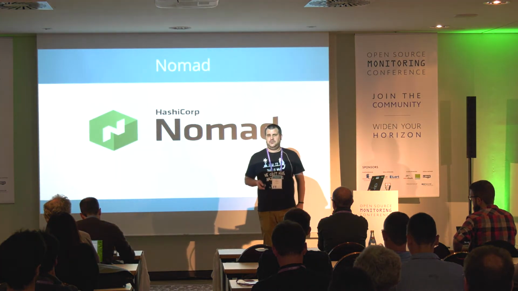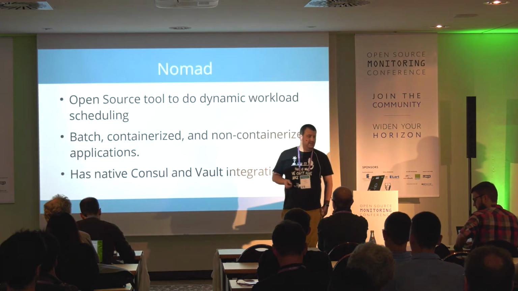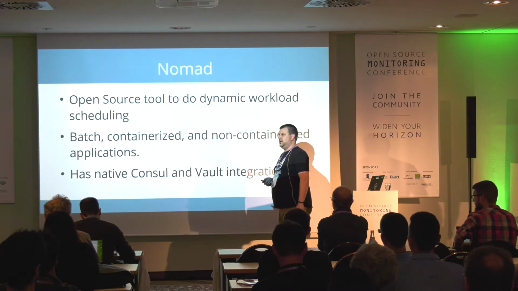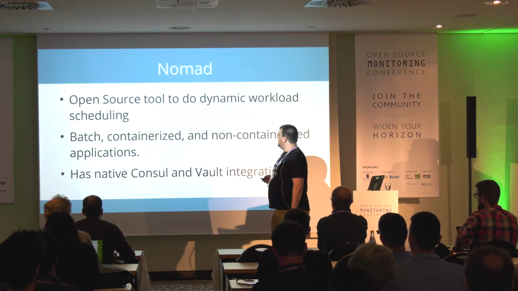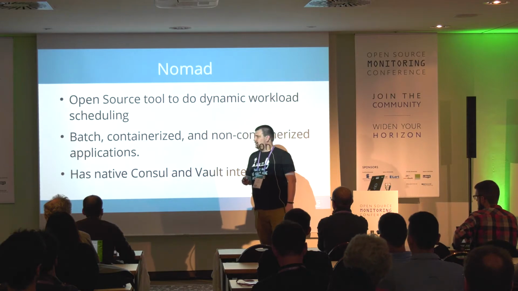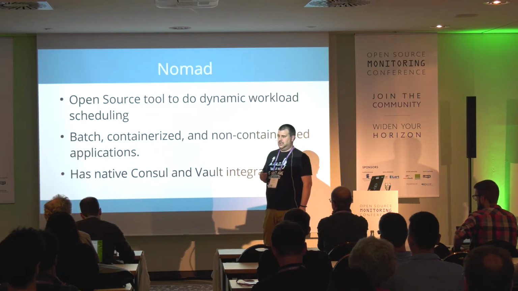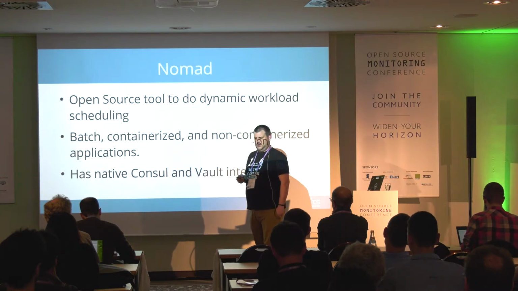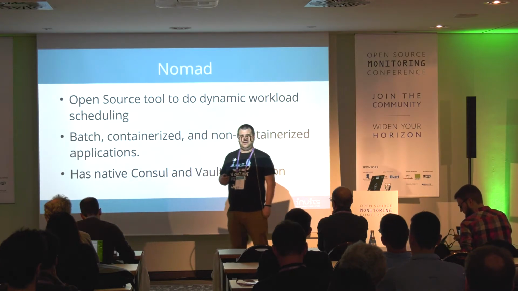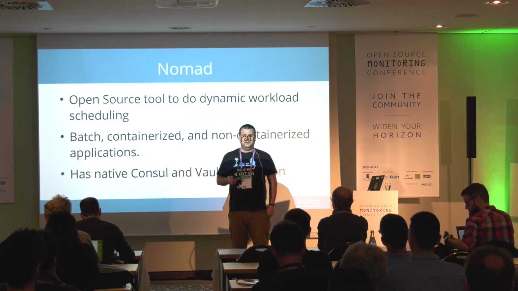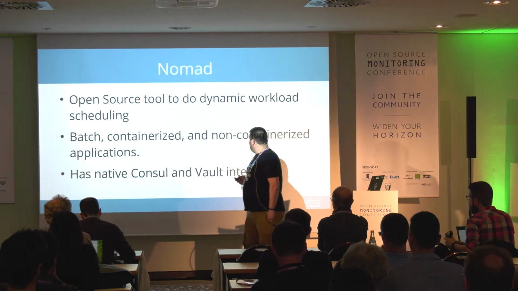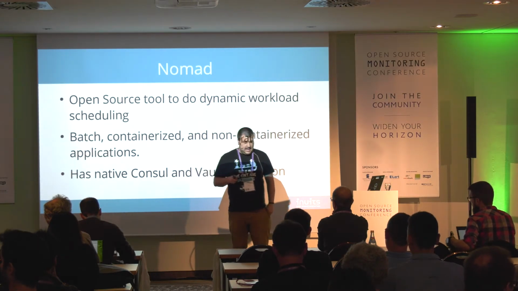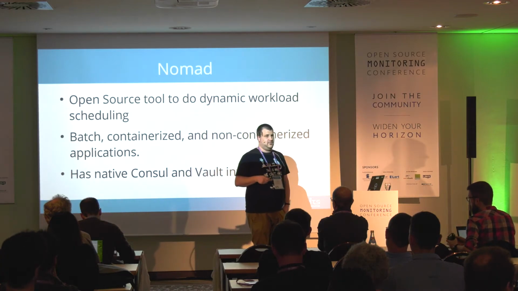Nomad, this is what we're after. This is the scheduler. It's an open source tool by HashiCorp. It's to do dynamic workloads, or it actually can do batches. Most of the time you'll use containers, but you can also use Java. And it has native integration with Consul and Vault.